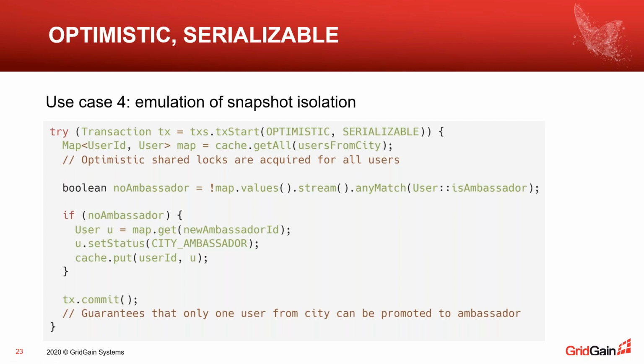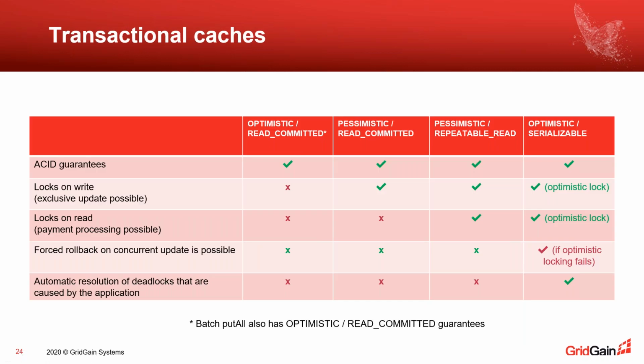So of course it's not true snapshot isolation, because you can't acquire predicate or range locks. But anyway, this is a way that performs well, because it can give you good concurrency guarantees, because no real locks are acquired.